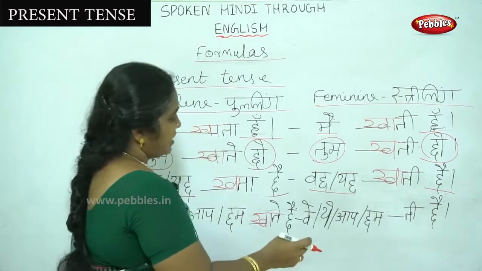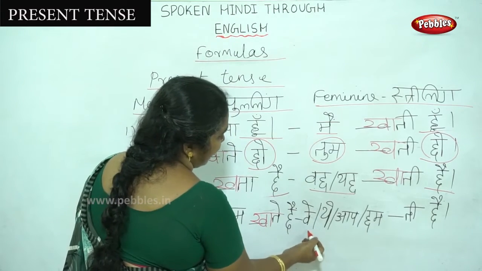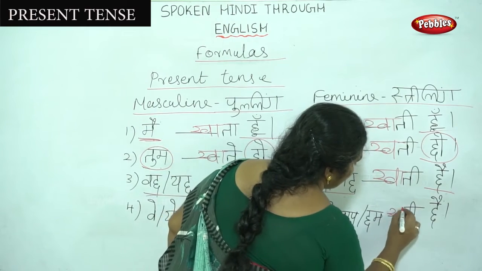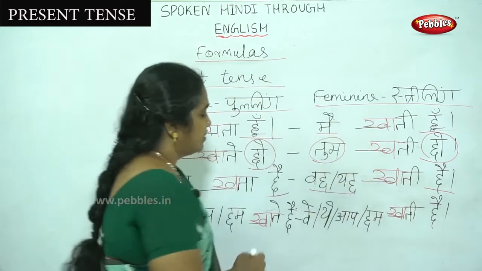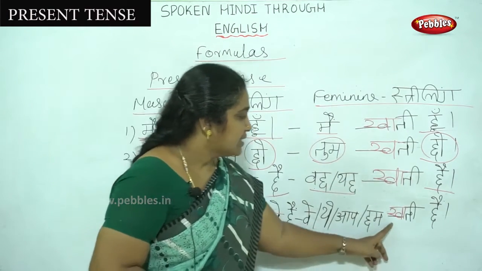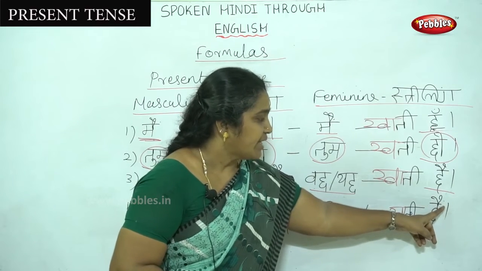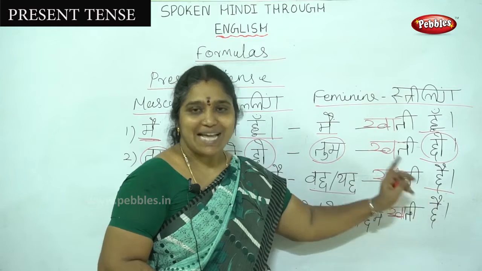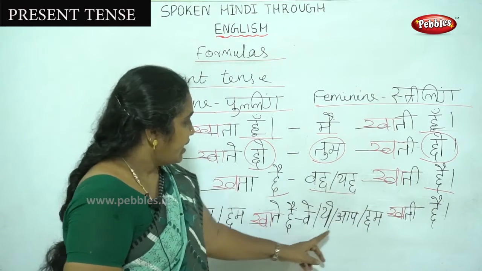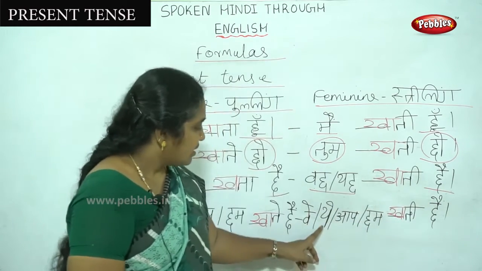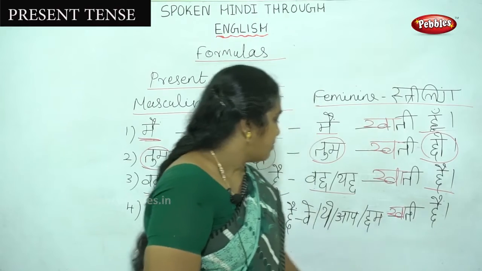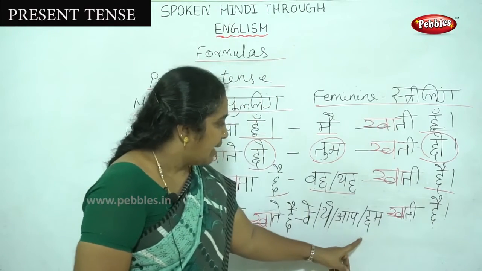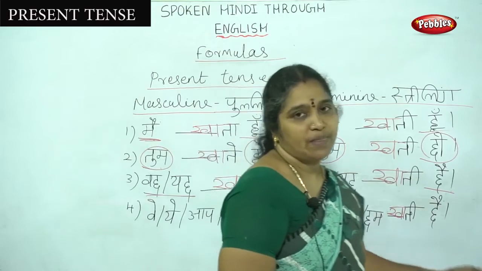See here for feminine, वे, ये, आप, हम. Here also we can put खा. वे खाती हैं. Here also we are having a bindu, so it is called हैं. So वे खाती हैं, ये खाती हैं. Likewise आप खाती हैं, हम खाती हैं.